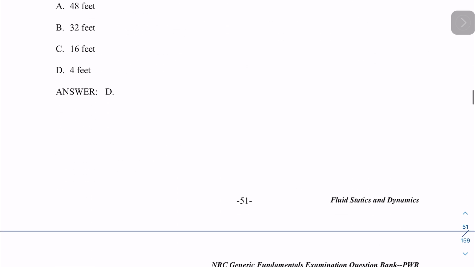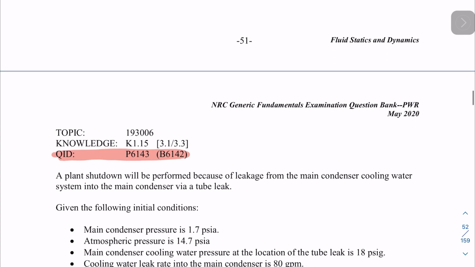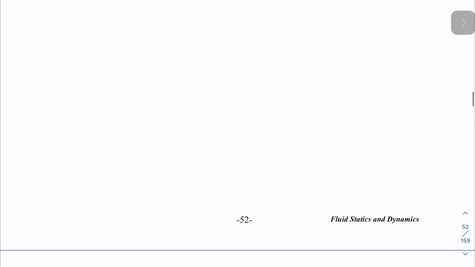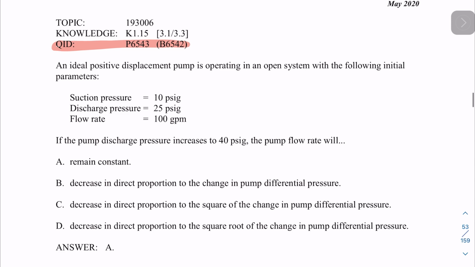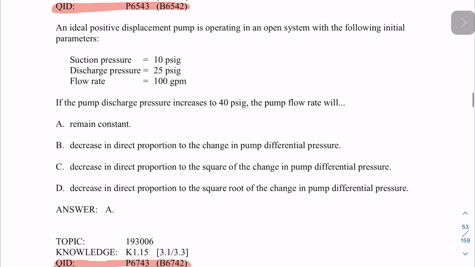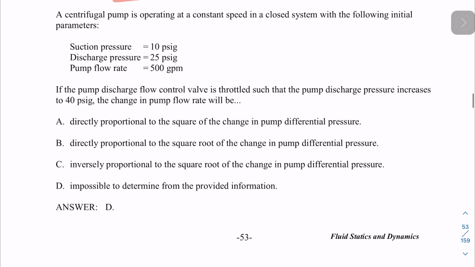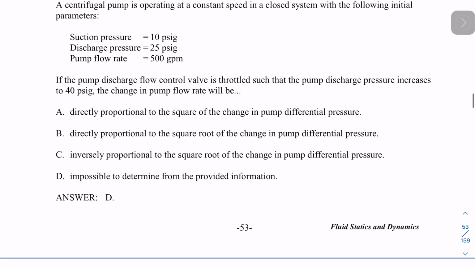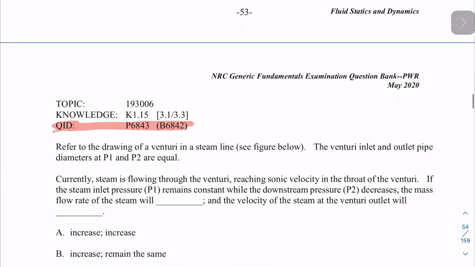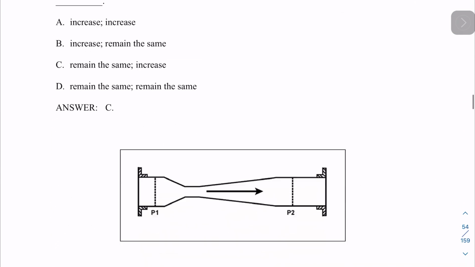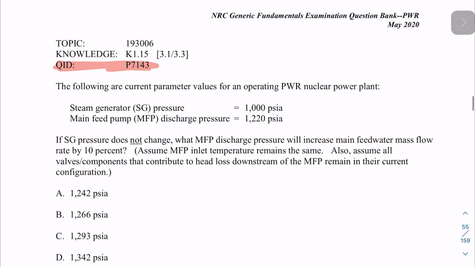Okay, let's see if there's anything else new in here. Well, no. Everything else is basically the same. We can solve it with the information that we've been given already. As long as we know how to solve the previous ones, we're gonna be able to solve these ones here.